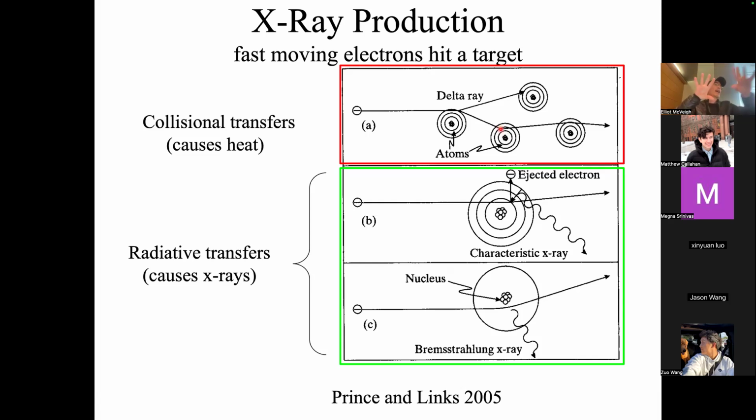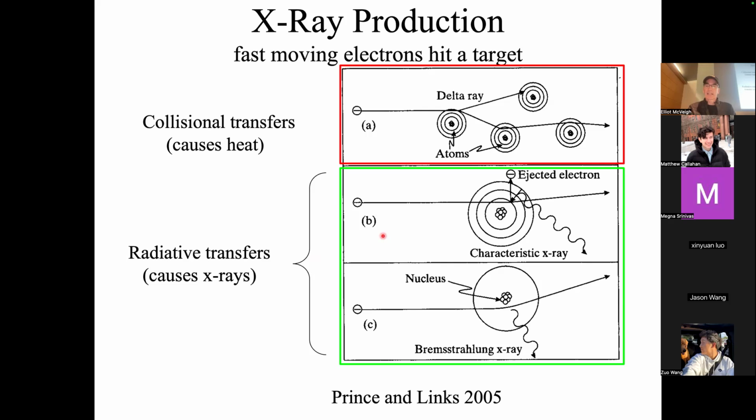And so you just get a shower of electrons that are happening from the incident one, right? And that just causes heat. The electrons are zipping around in there, heating things up, right? So that's of no use to us, but that's sort of 95% of what's going on in there.